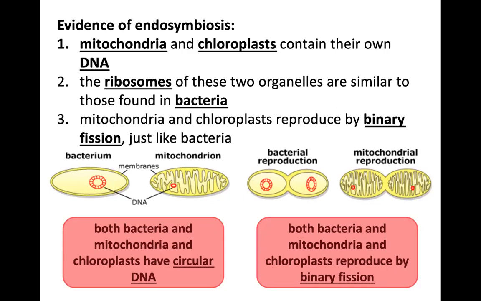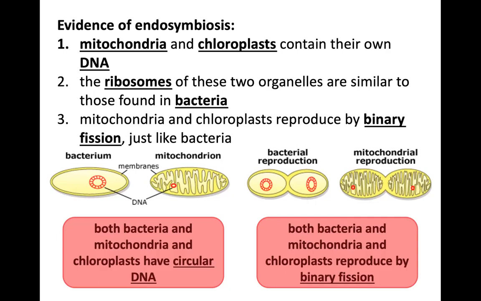Next, we have our mitochondria and chloroplasts that reproduce by binary fission. So this is just like bacteria. How do bacteria reproduce? Which is known as what? What type of reproduction? Asexual. There you go. Perfect.